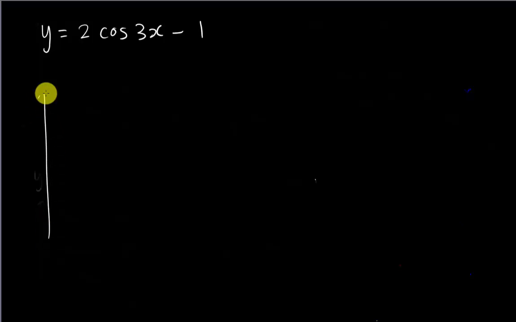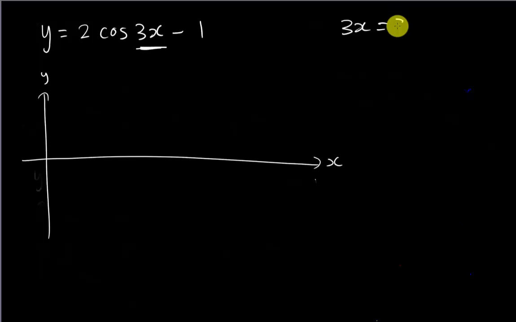So we have this kind of equation. First thing, I will sketch my y-axis and then my x-axis. This is 3x. I will solve this one first. 3x equals 360 because I want to find my period. 1x equals 120.